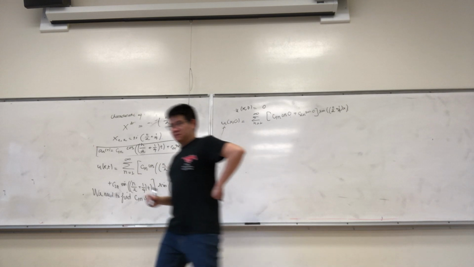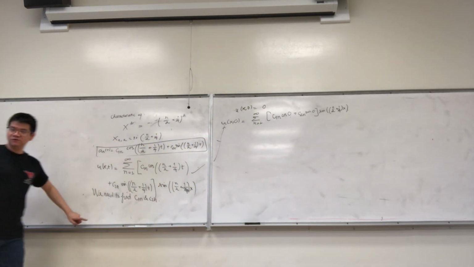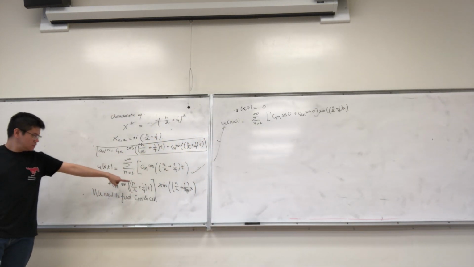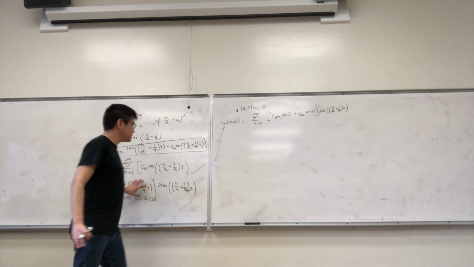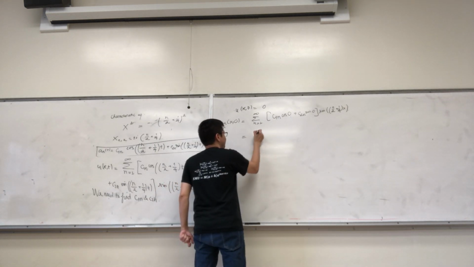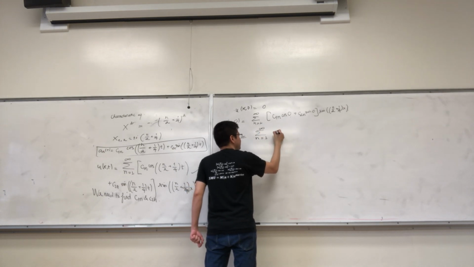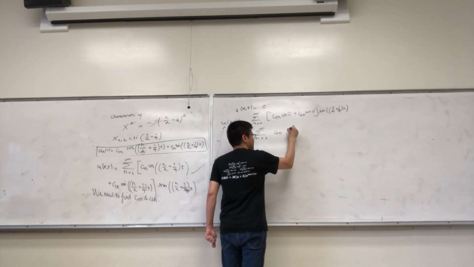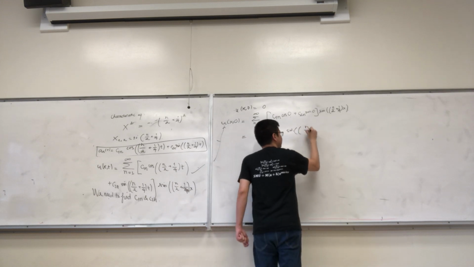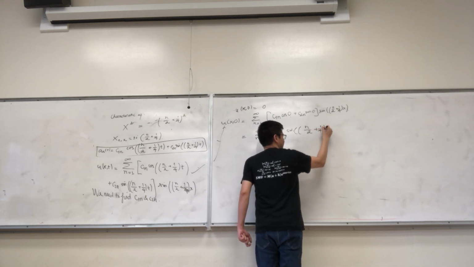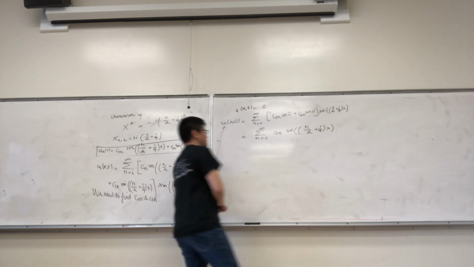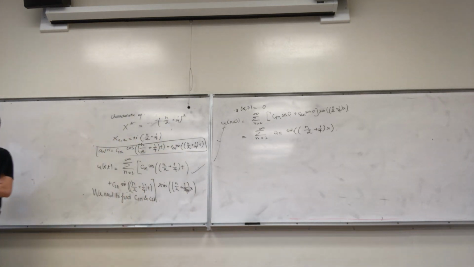From this formula, when you plug t to be 0, you have 0 here and 0 here, which means that this gives you c1n sine of (n over 2 plus 1 over 4)x. So how do you find c1n?